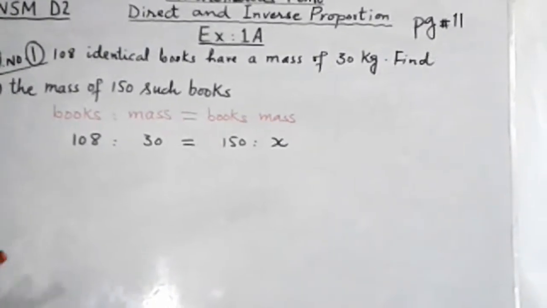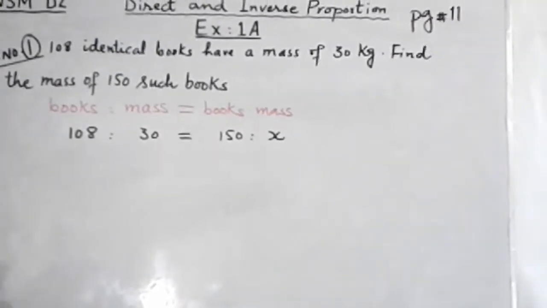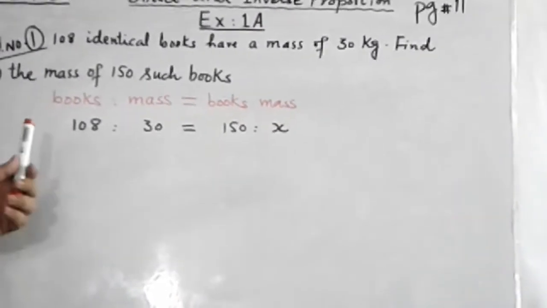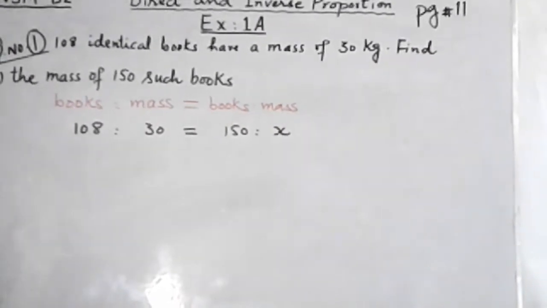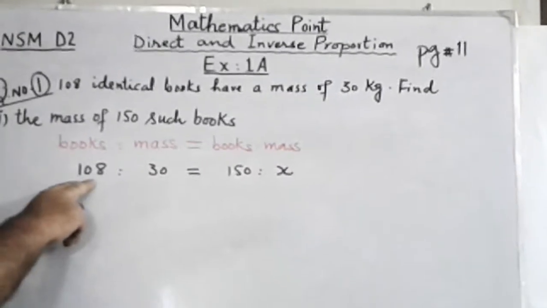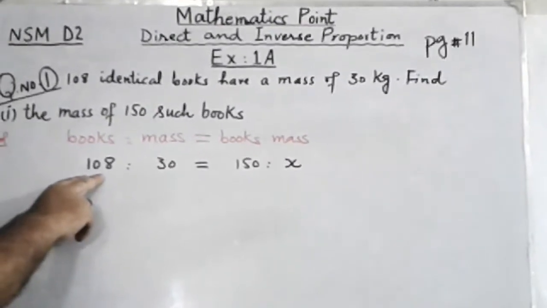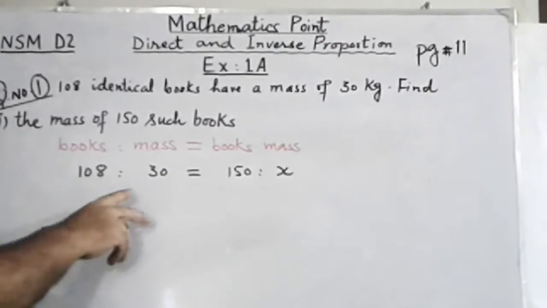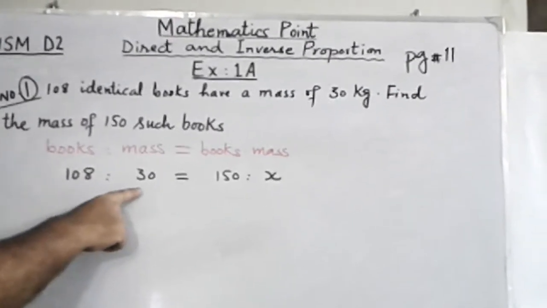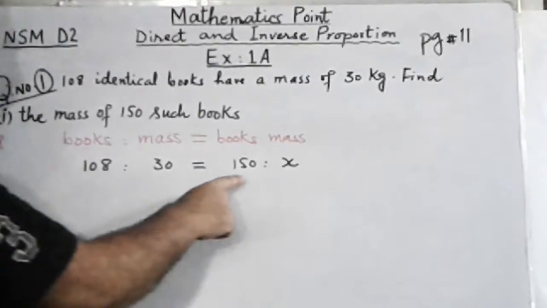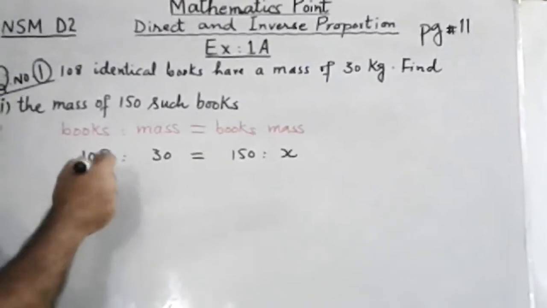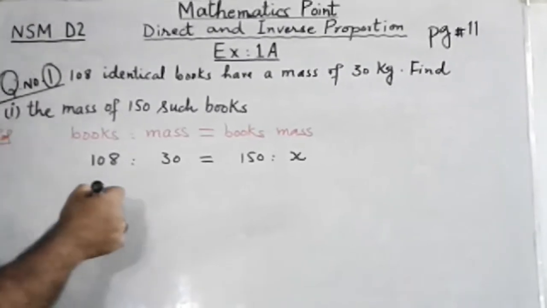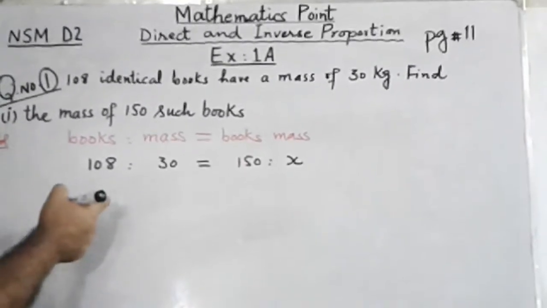Now students, you have learned that the product of extremes is equal to the product of means. So in the product of extremes there are two quantities, 108 and x, and in the product of means, we will multiply 30 with 150. We can also write it in the form of a fraction.